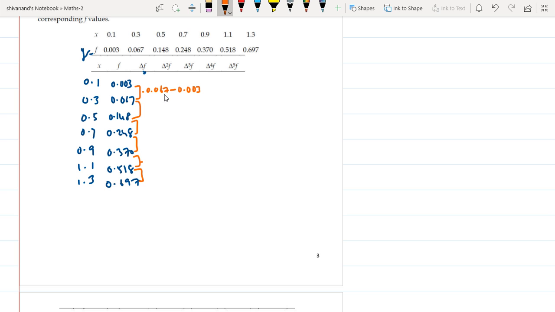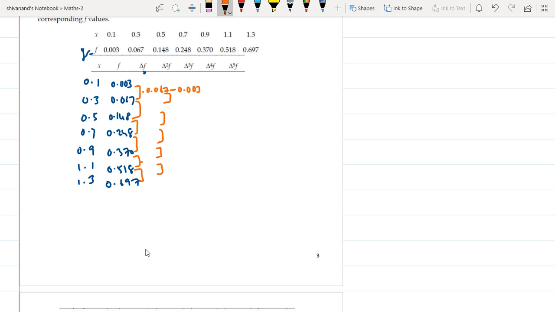When you obtain this delta f, in order to get delta square, you need to find the difference between these two, and these two, and so on. That means one term will be reduced.